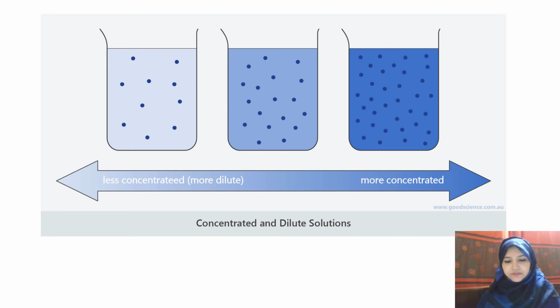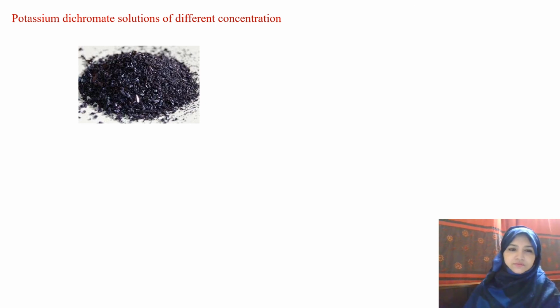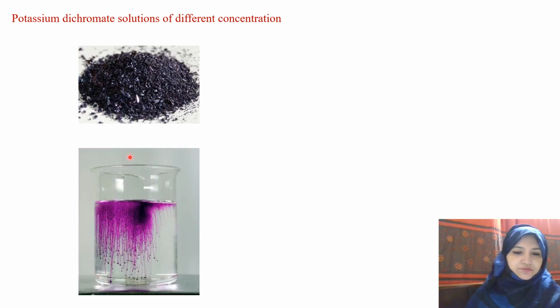Now we can prepare different solutions with different concentrations using potassium dichromate. This is the crystal of potassium dichromate, a dark violet color, and if we add potassium dichromate in water, then it dissolves like that.